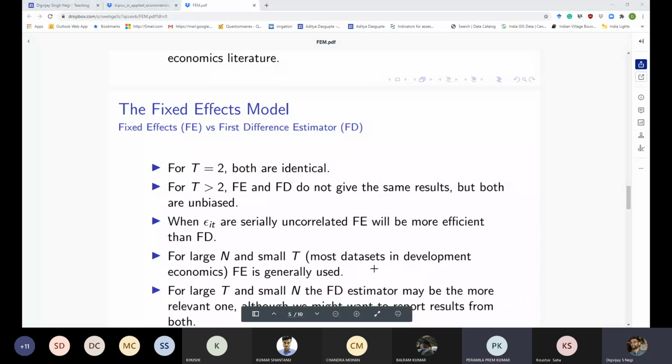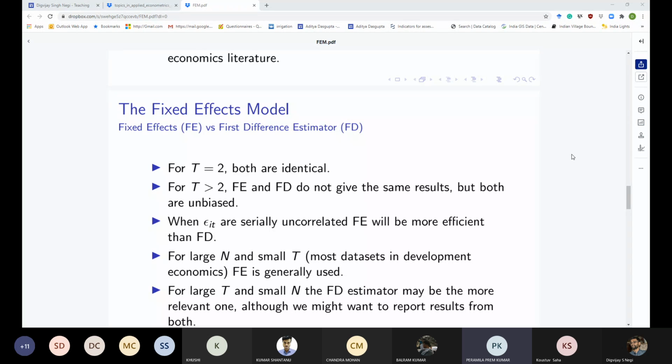Sir, just a clarification. In the fixed effects model, do we have any assumption on the error term? No. Okay, sir. Go ahead. So, for example, say that I find a correlation between the treatment and the lambda i, and once I account for the omitted variables, it has now become a random effects model, as in, there are variables which do not correlate with the treatment as well, and we've not included them.